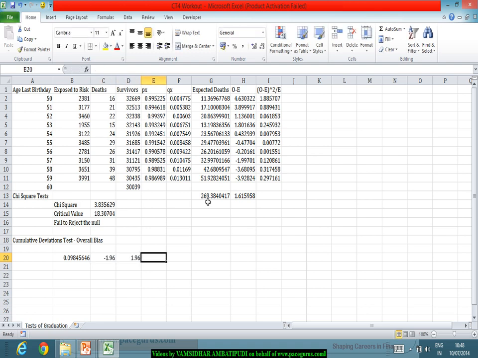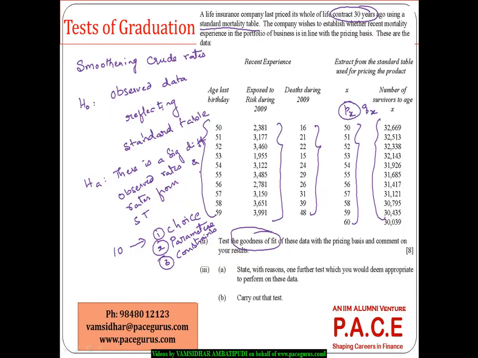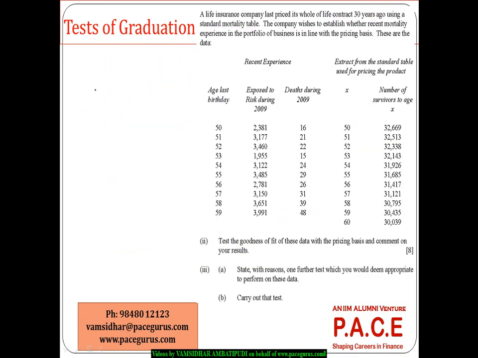So at the overall level, the overall actual number of deaths is 271, and the overall expected number of deaths is 261. So the cumulative deviations test is nothing but, at an overall level, looking at the actual number of deaths.